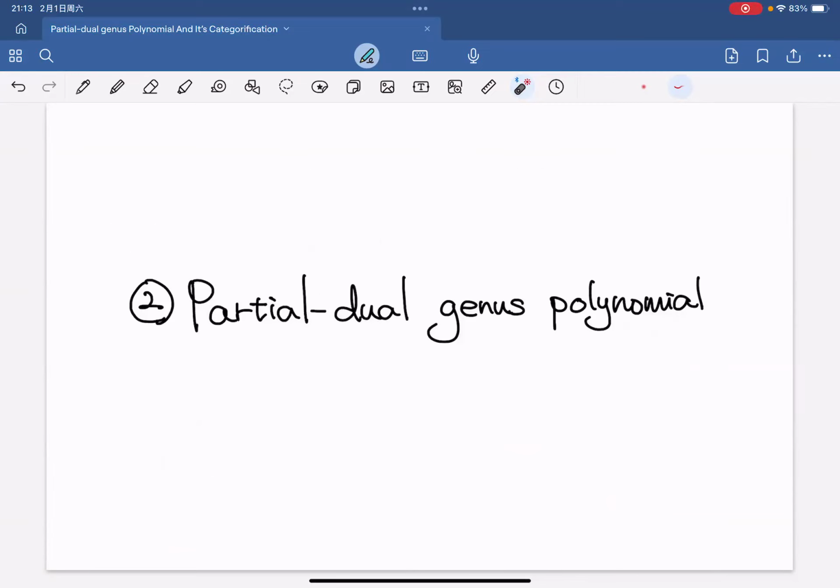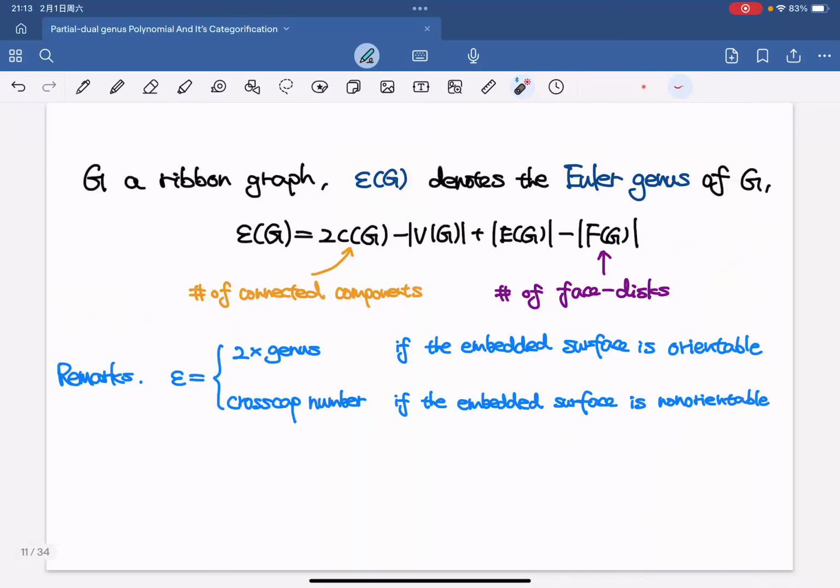So now let me tell you what the partial dual genus polynomial is. I guess it's a polynomial in one variable with a long name. For a ribbon graph, let us use epsilon(G) to denote the Euler genus of this ribbon graph.